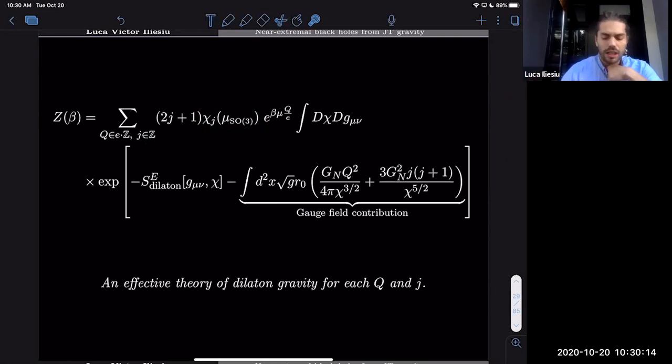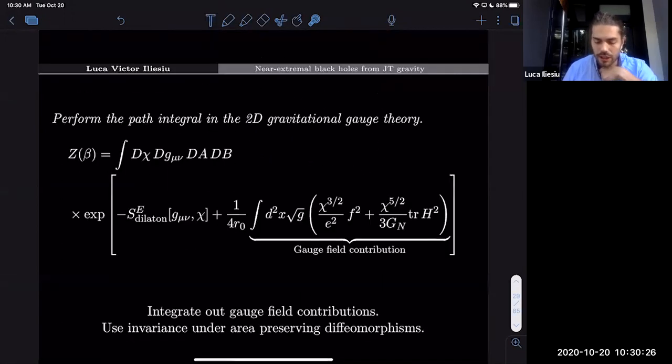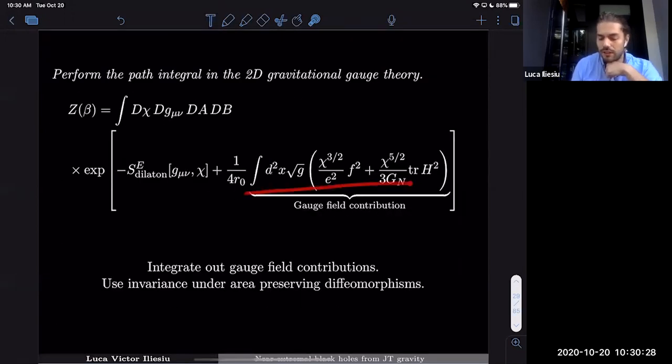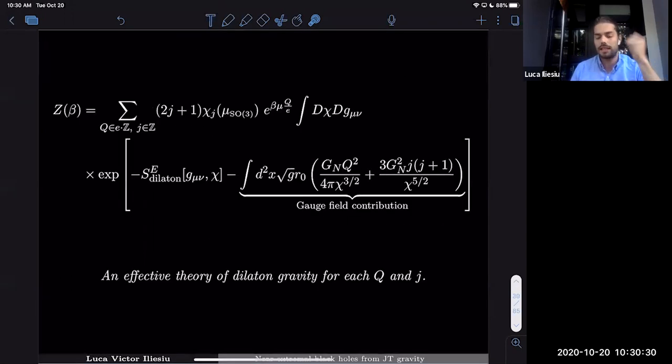Then we can include a chemical potential for the charge of the black hole for the U(1). So this is the chemical potential term that you see. And essentially the contribution of the gauge field gets completely replaced by some term that depends on the dilaton and on the specific charges and angular momentum of the black hole.